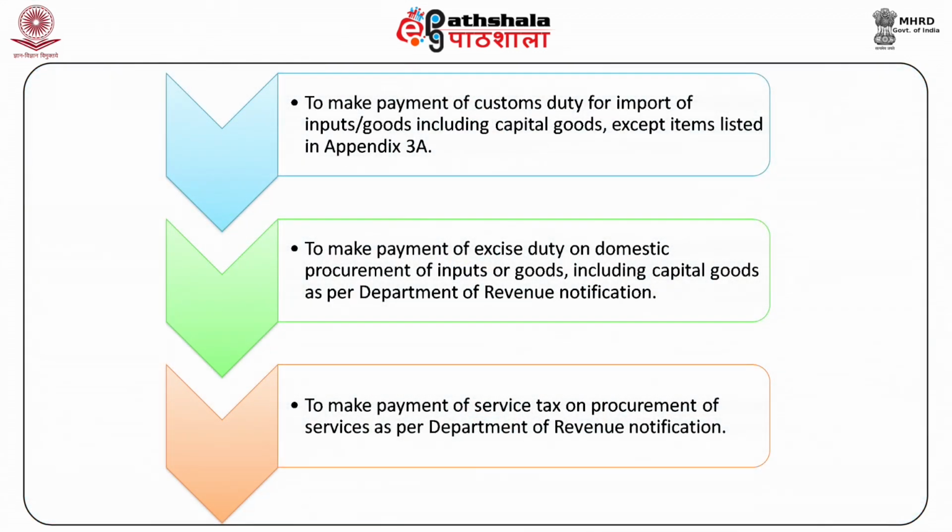There would be no restriction on the transferability of the scrips issued under MEIS and SEIS and the goods imported against these scrips. If any scrip has been issued under the export category from any of the Made in India schemes, then the scrip can be used for the following purposes: to make payment of the custom duty for import of inputs or goods, including capital goods, except items listed in Appendix 3A.